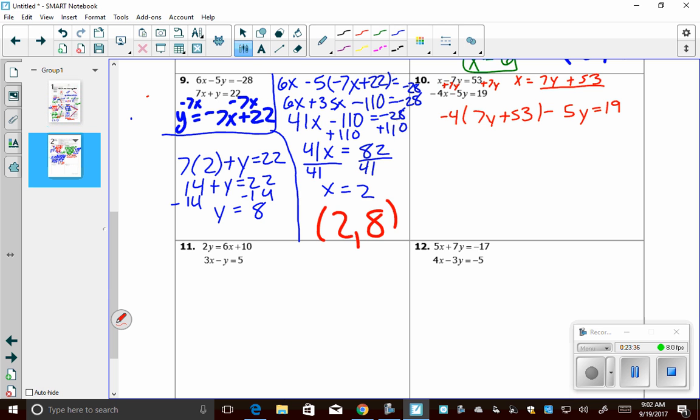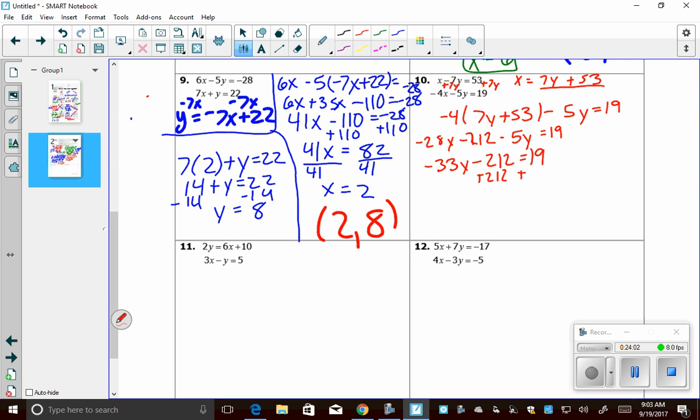So you're going to get negative 4 times (7y plus 53) minus 5y is equal to 19. Distribute the negative 4 and you get negative 28y minus 212 minus 5y is equal to 19. Combine your like terms. You'll get negative 33y minus 212 is equal to 19.